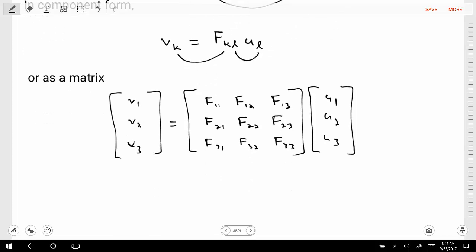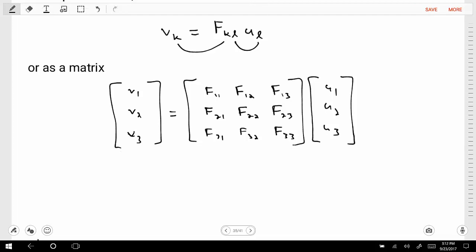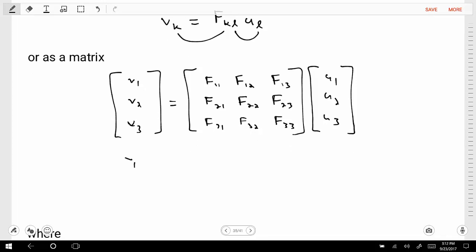Now, because we have dummy variables, this operation is going to be a summation operation. So when we execute this matrix and find the actual component v1, we will exercise that dummy variable l in order to create the equation which describes v1.